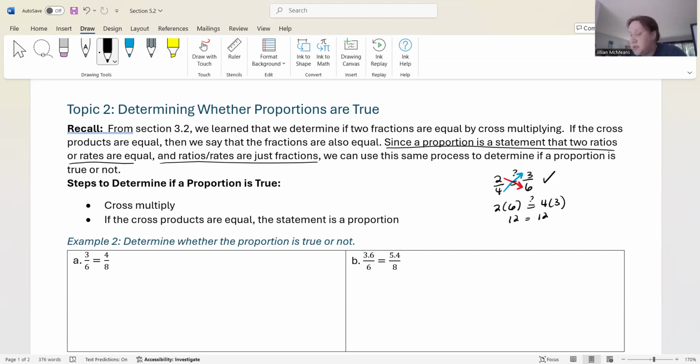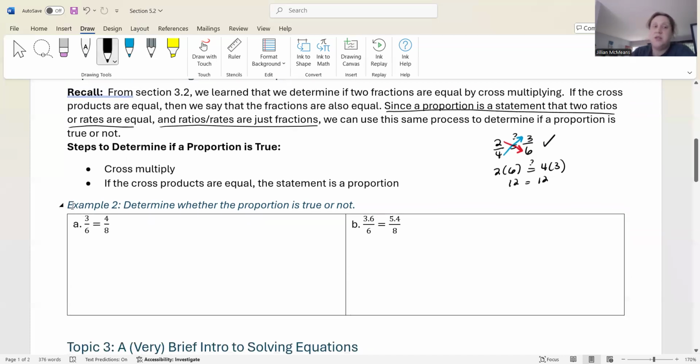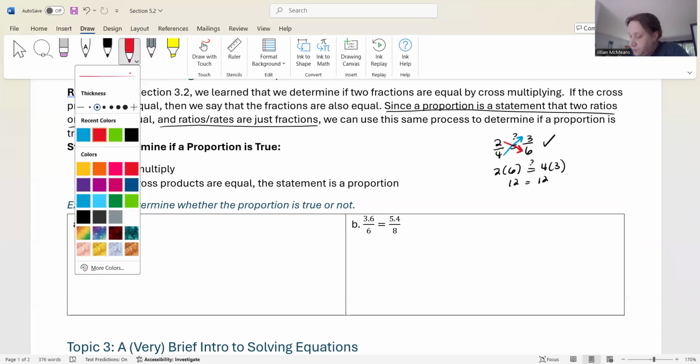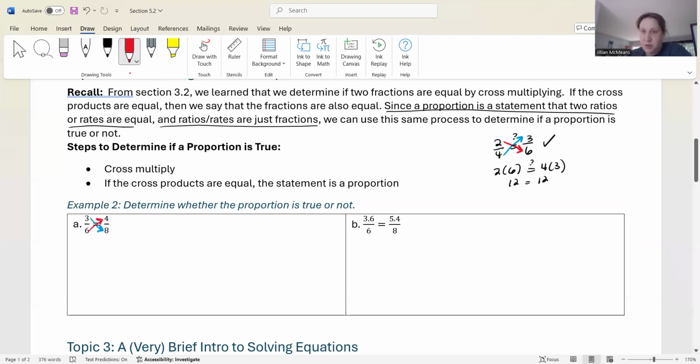So the steps to determine if a proportion is true: cross multiply, and then compare the cross products. Let's look at example 2. The directions say determine whether the proportion is true or not. So we are going to cross multiply, multiplying diagonally across our proportion, like I've demonstrated here: first numerator, second denominator, first denominator, second numerator.